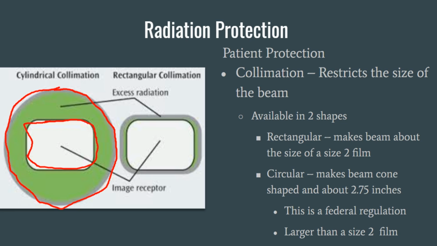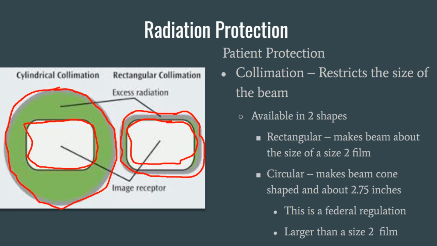With the rectangular collimator, here is the collimator. And again, here is your film or your receptor. And all of that green, purpley color in between here, that is the area that is going to be radiated.